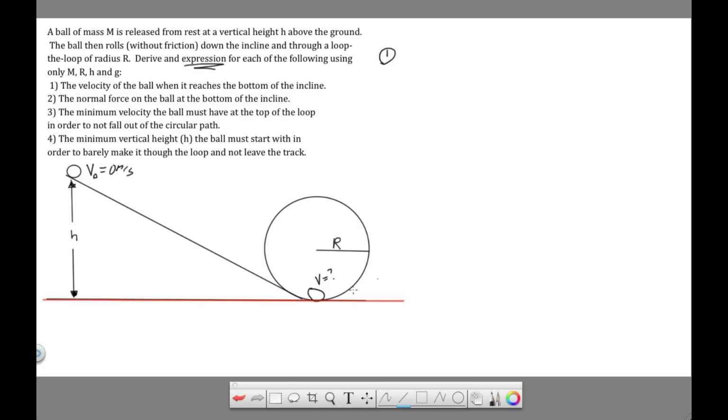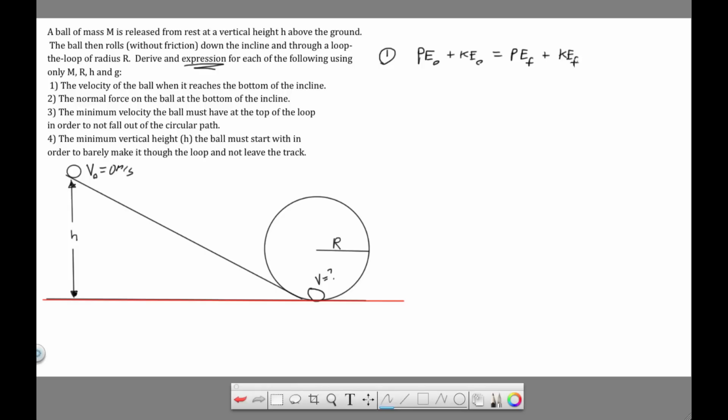Okay, so with that as our 0 point, we're going to say potential energy initial plus kinetic initial equals potential energy final plus kinetic energy final. And there's no non-conservative forces here. The only force doing work on the ball as it goes down the incline is gravity, so I'm not even going to mention work non-conservative up here.